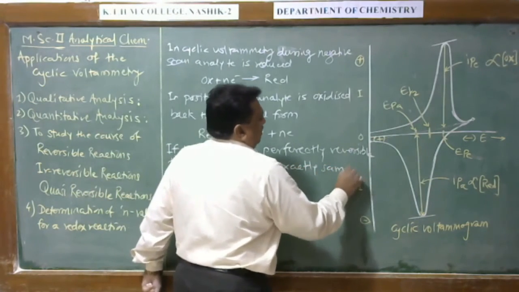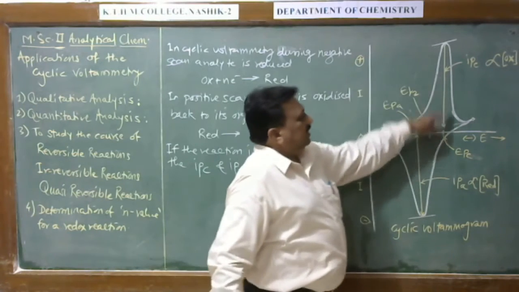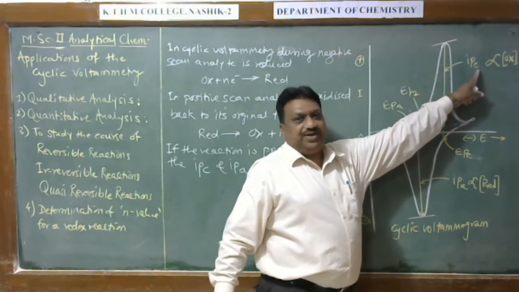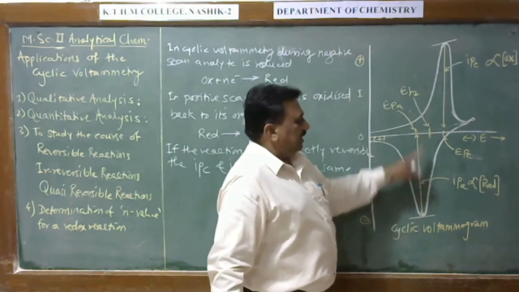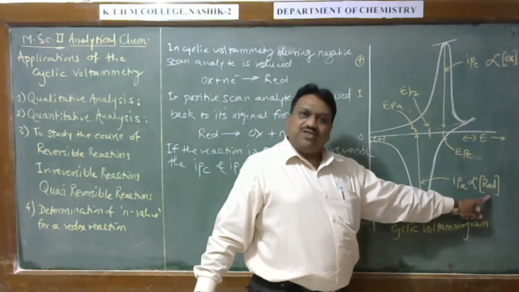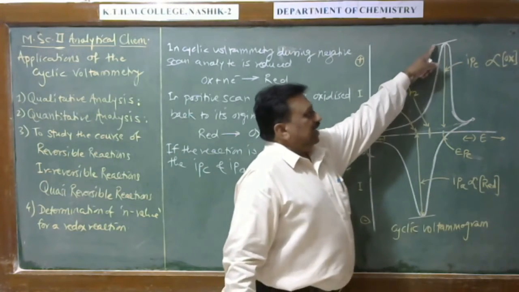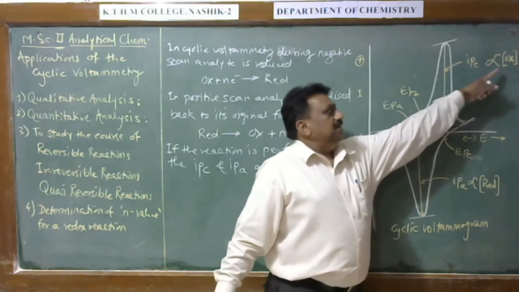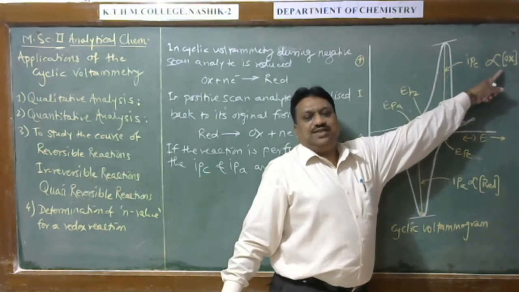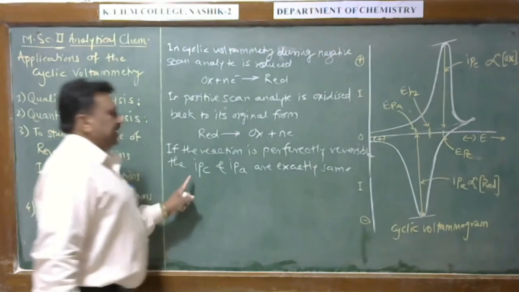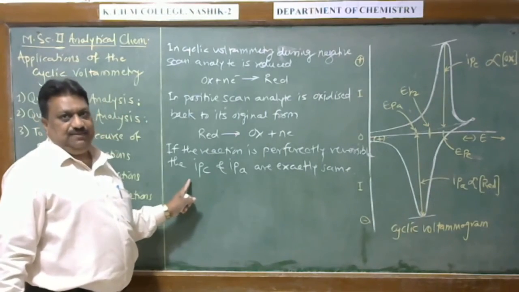That means cathodic peak current determines the concentration of the species that undergo reduction, and anodic peak current determines the concentration of that species which undergo oxidation. If cathodic peak current and anodic peak current are identical, it means the concentration of oxidant and reductant are the same, meaning the reaction is perfectly reversible.